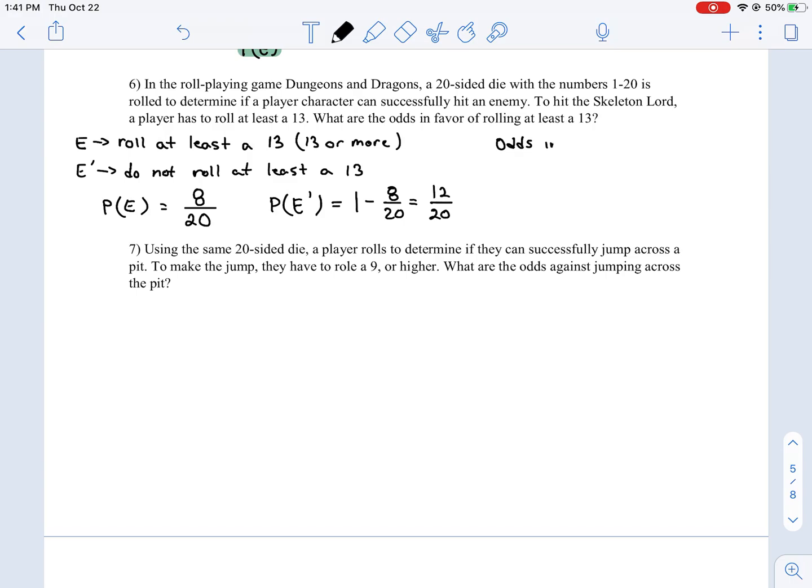So the odds in favor are the probability of E divided by the probability of the complement of E, which is the following.